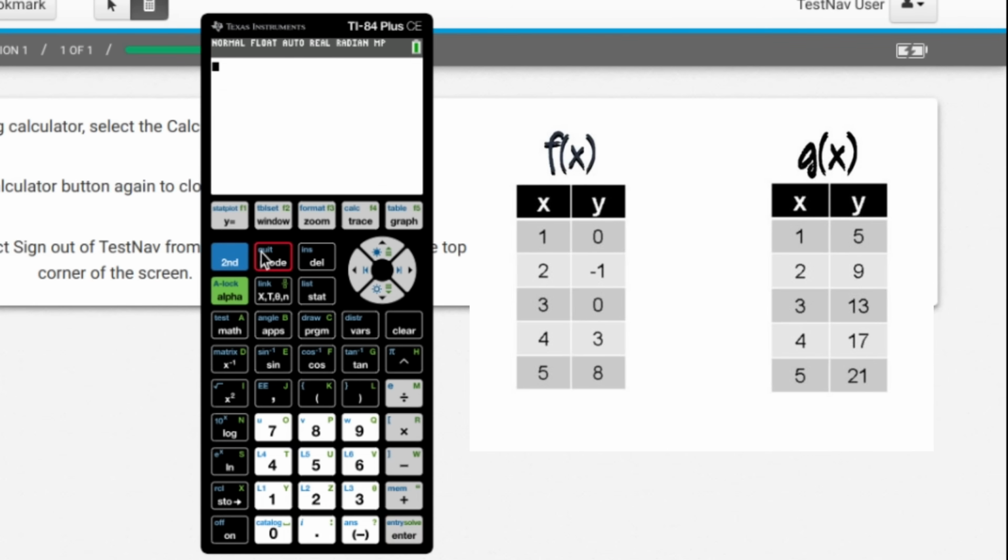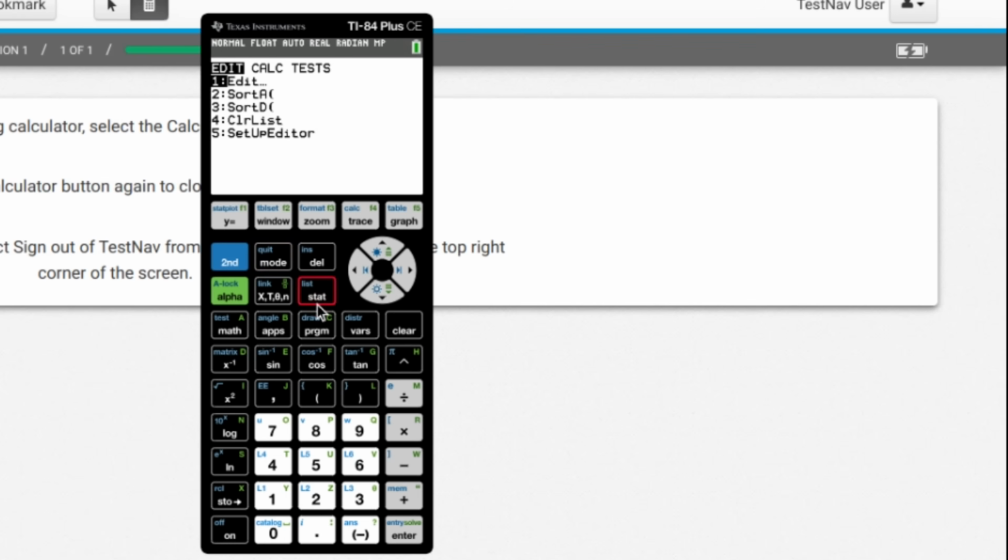Second mode. Stat, calc, linreg. So hit 4, hit enter a bunch of times, and this calculates out to y equals 4x minus 1.4. Okay?